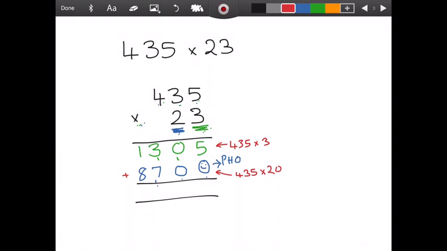So in order to get 435 times by 23, we need to add those two parts together. 5 add 0 is 5, 0 add 0 is 0, 3 add 7 is 10, carrying the 1, 8 add the 2 is 10, carry the 1, and our final answer is 10,005. 435 times 23 is 10,005.